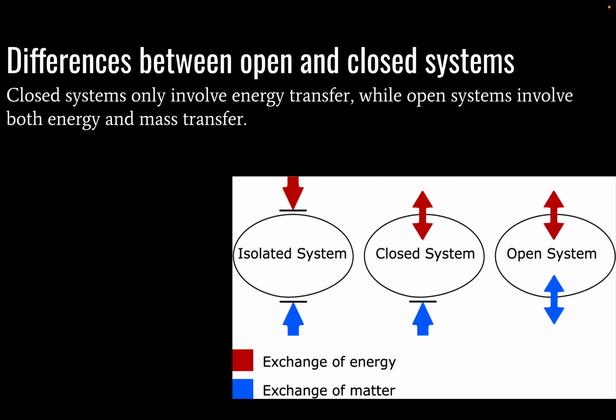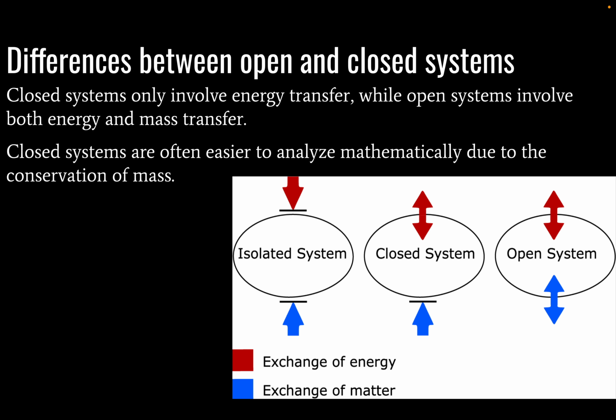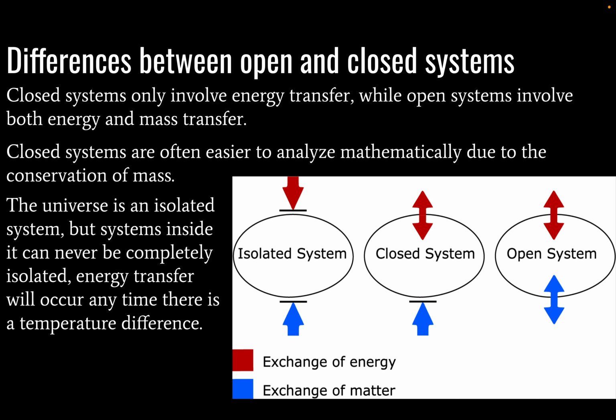So just quickly to summarize the differences, closed systems involve energy transfer, while open systems involve both energy and mass transfer. Closed systems are usually easier to handle, so for IB Physics, we will deal with those due to the conservation of mass. For open systems, we probably would require the use of calculus to analyze them, and that's not really a thing for IB Physics.